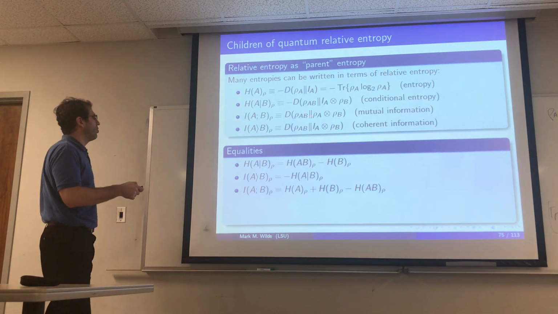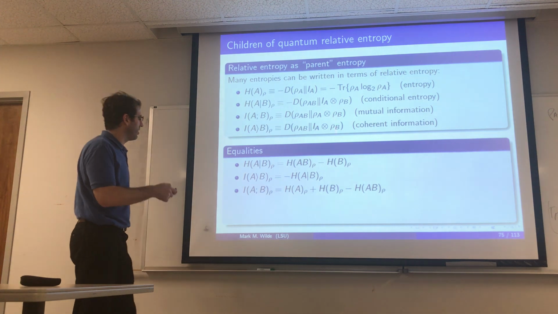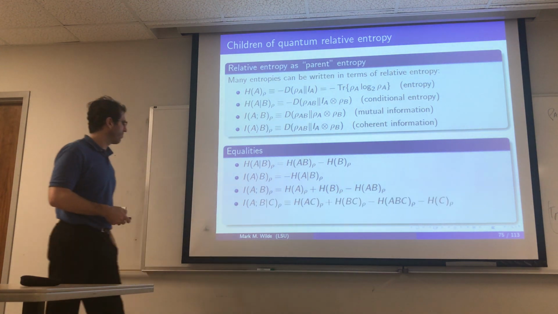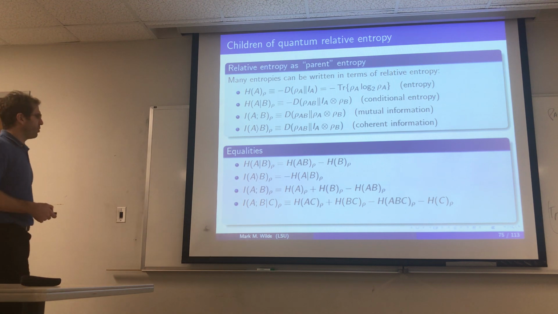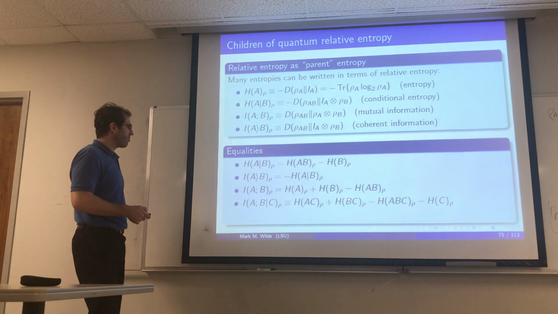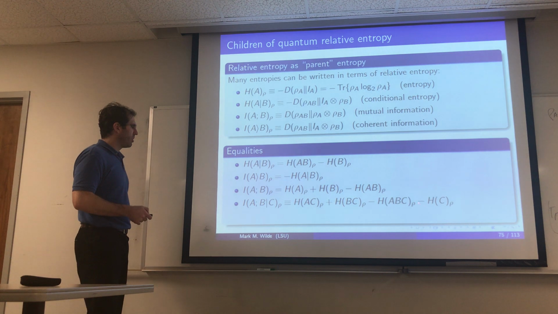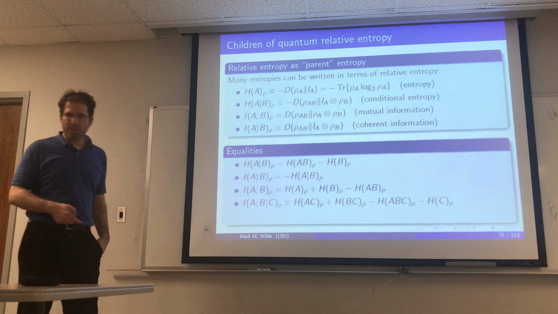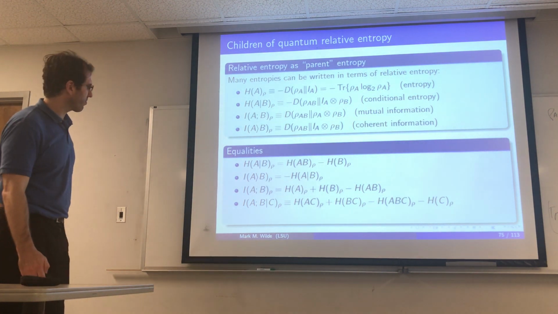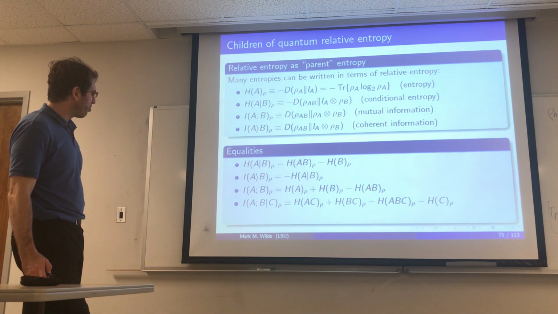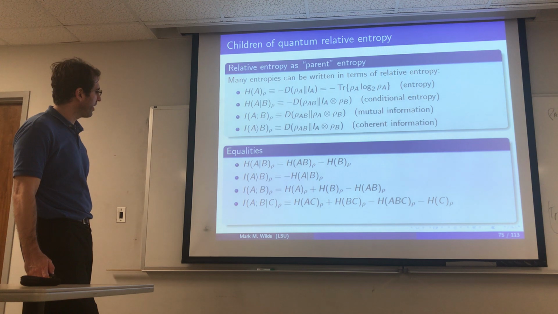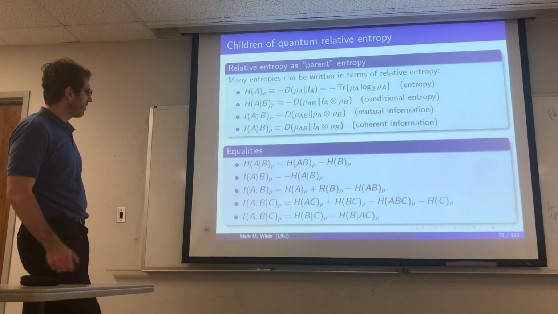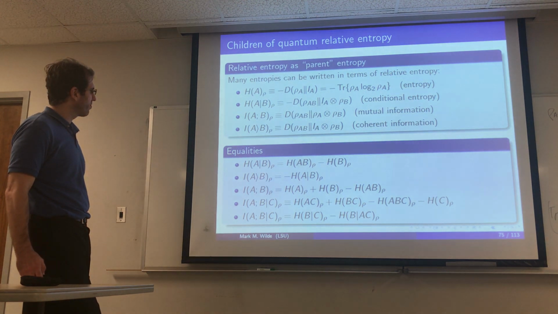You can work with some math and show that these two things are equivalent. Another measure is called conditional mutual information, and it's this particular linear combination of entropies. It's applied to a tripartite quantum state, a three-party quantum state, Alice, Bob, Charlie. You can write it like this, as a difference of conditional entropies also.